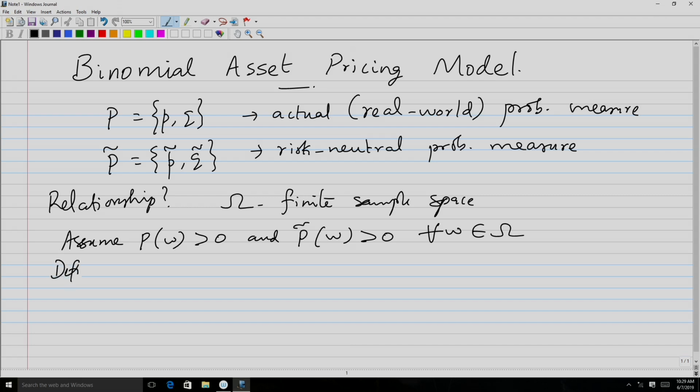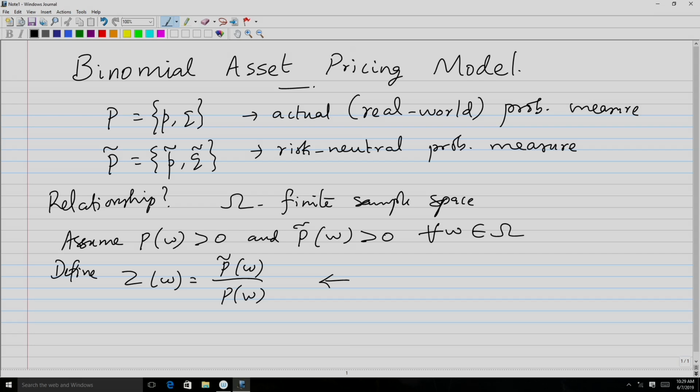Now, you define a new quantity which we call Z of omega, as the ratio. In this setup it is actually a ratio, but when you move to the continuous time model, this is really the derivative of one probability measure with respect to the other.